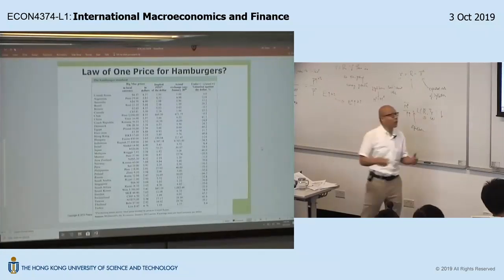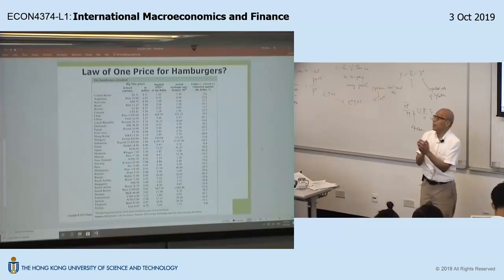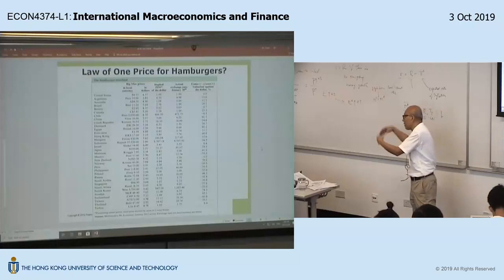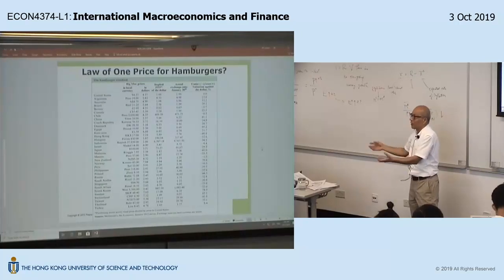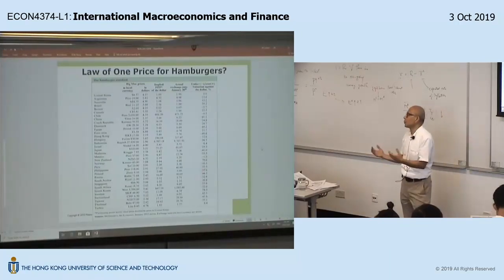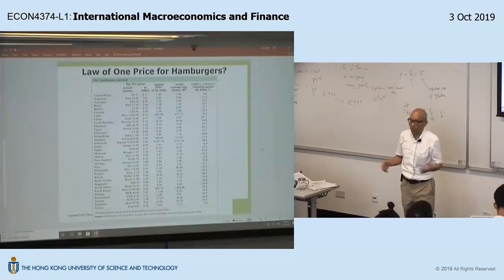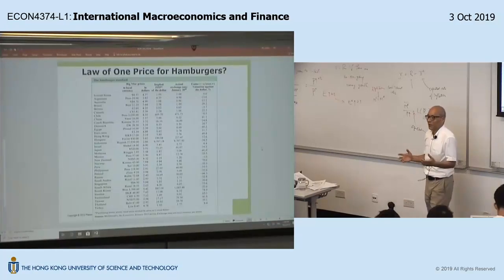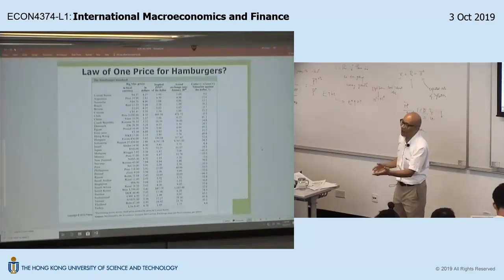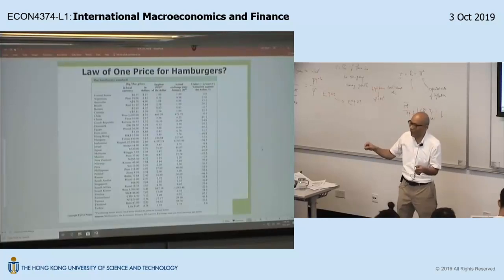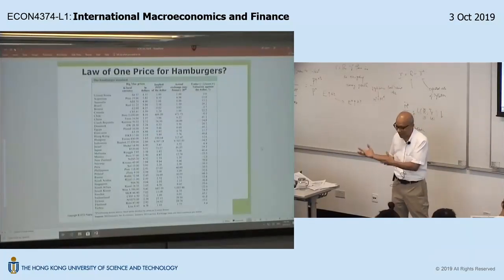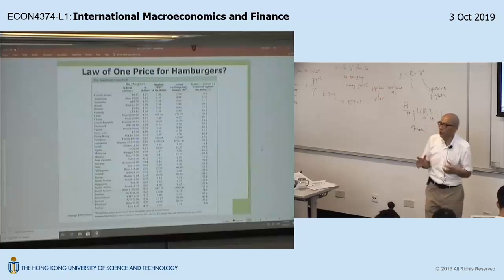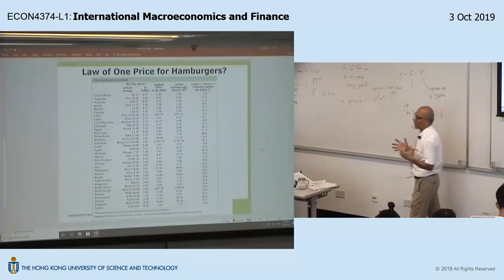Can we say there's a whole basket of goods in one country and the same basket of goods in another country? Should we expect the law of one price to hold? What do you think? Probably no, right? Because if it doesn't hold one for one, then the whole basket probably also doesn't hold.